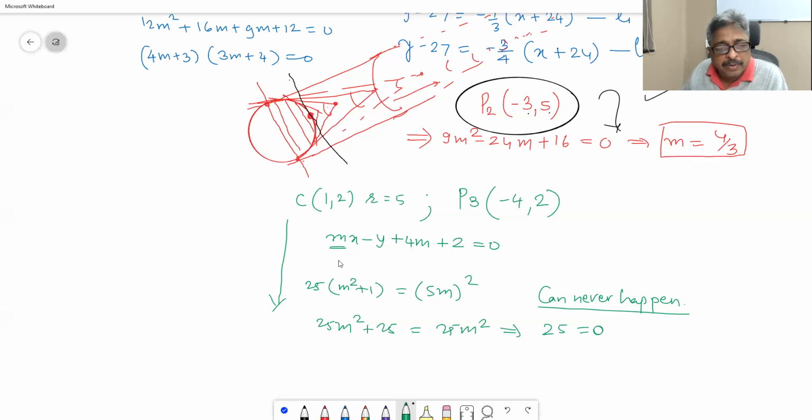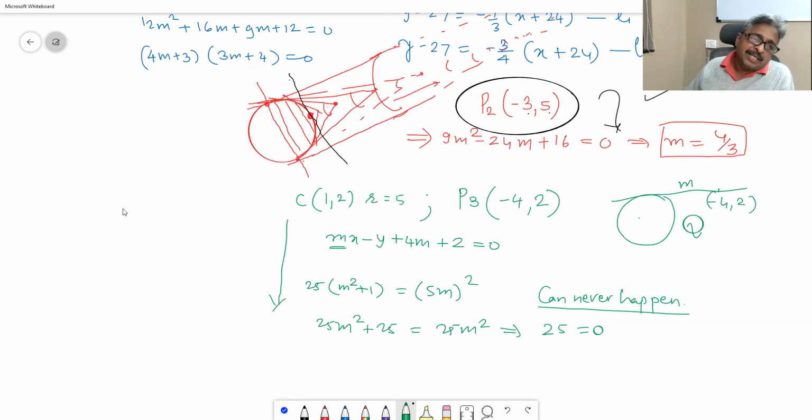What was our m? Slope of the line passing through minus 4, 2. We are searching for tangent to this circle. So what did you assume? You assumed the slope of the tangent to be m. Question: do all lines in the XY plane have slope?